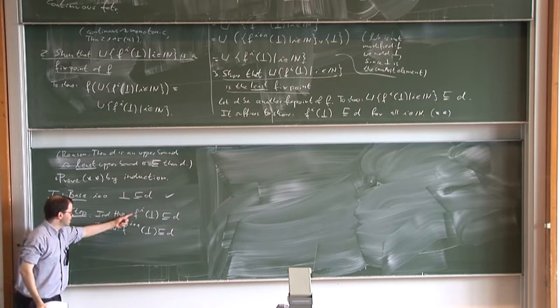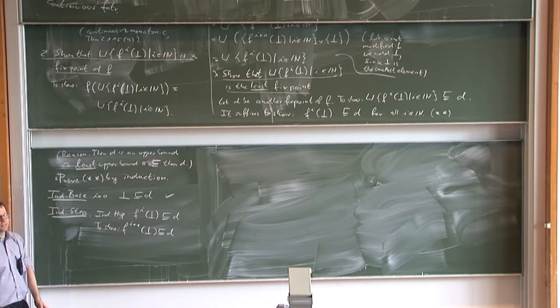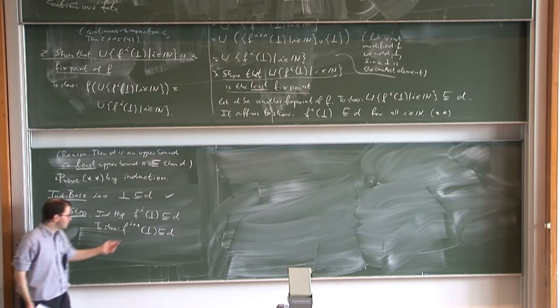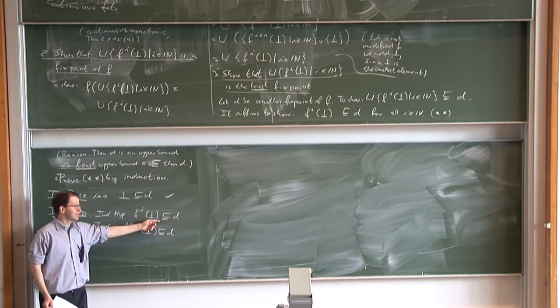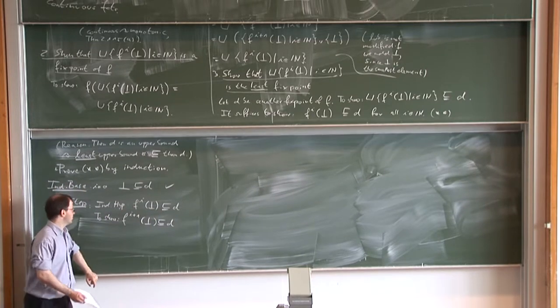Now, why does this imply that? f is monotonic. By monotonicity, this means if this holds, then it still holds if we apply f to both sides.